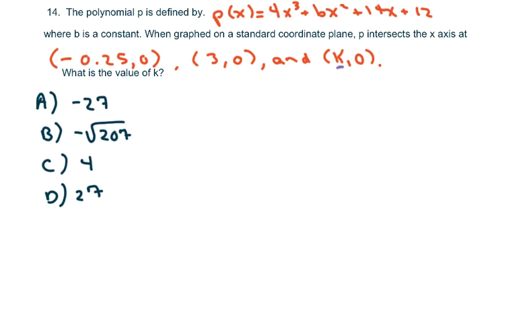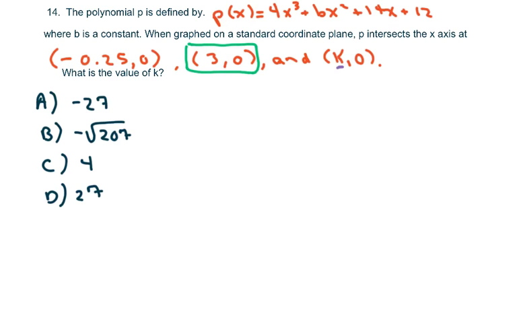The first thing we want to do is solve for b. The way we're going to do this is plug in one of these points, and to me the easiest one is this one here.